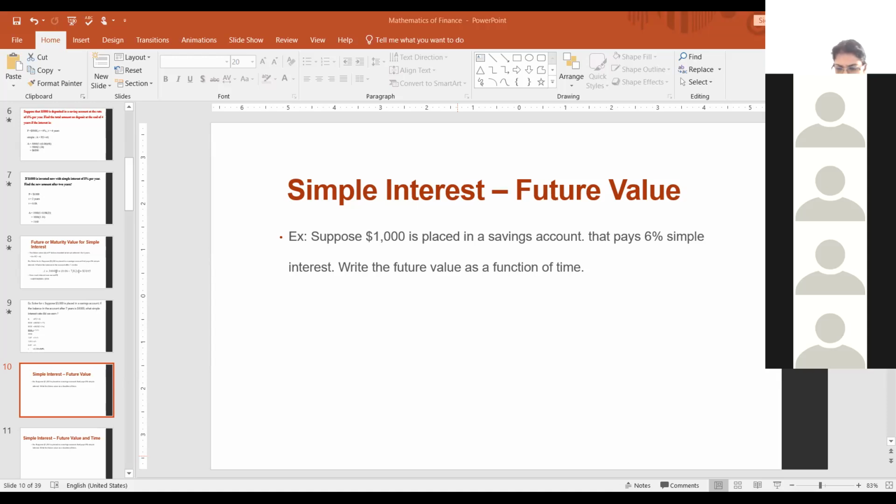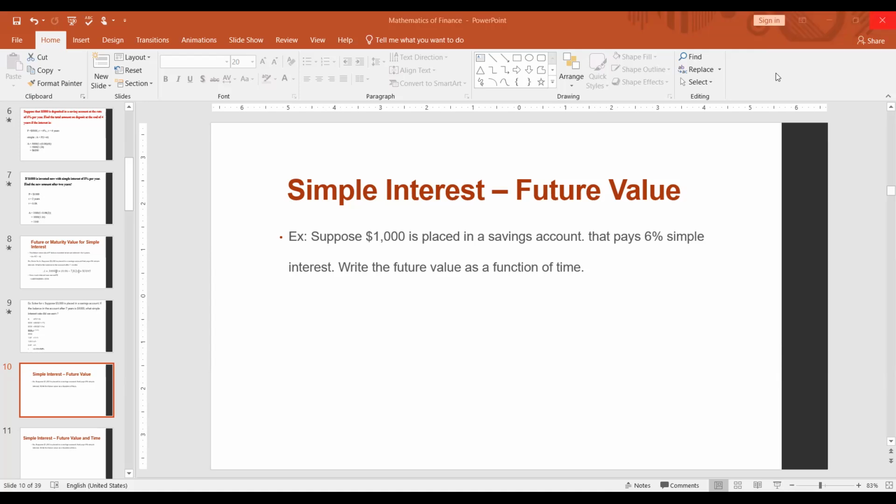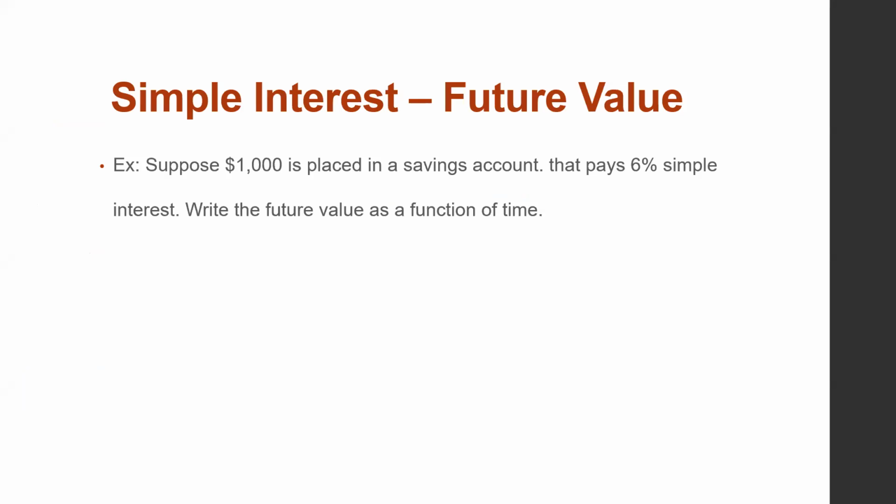Finish? So here in this question, it says that we are going to pay 1,000 into a savings account and earn 6% simple interest.